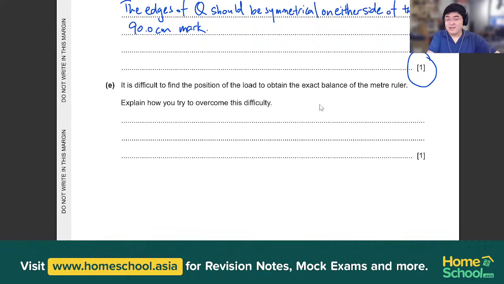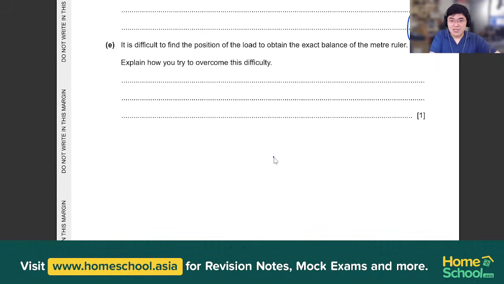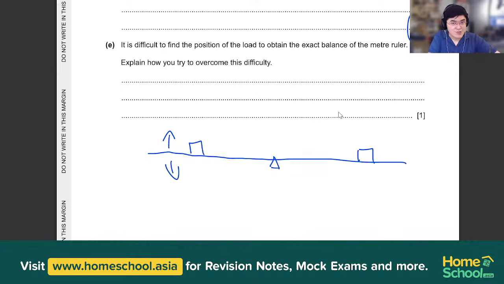So part E states that it is difficult to find the position of the load to obtain the exact balance of the meter ruler. So you have to explain how you try to overcome this difficulty. As you saw just now from our experiment, when you balance an item over here, the meter rule actually goes up and down very much, and it's very difficult to balance this meter ruler.